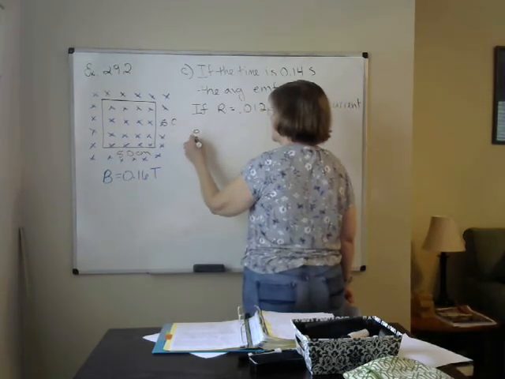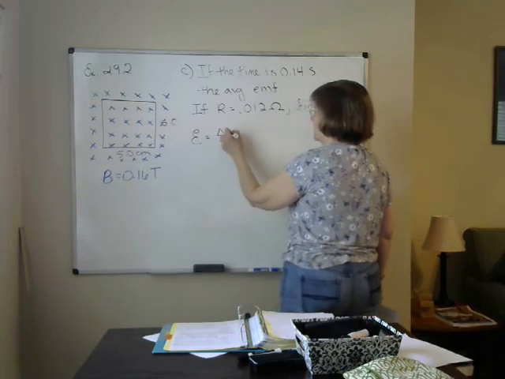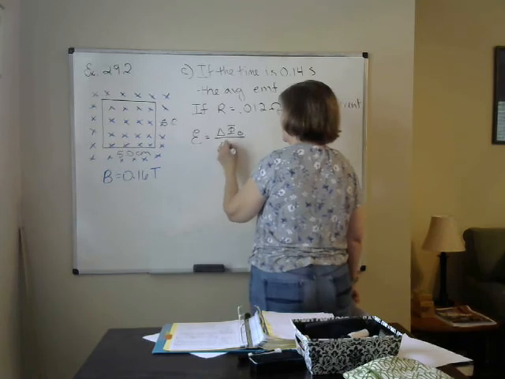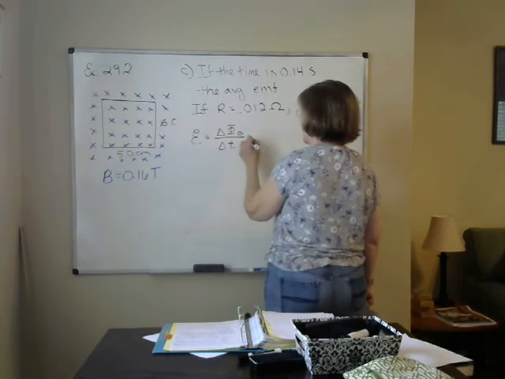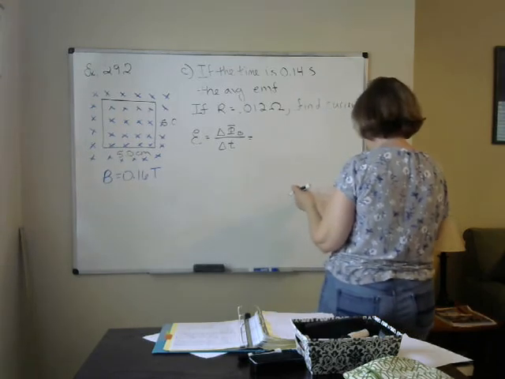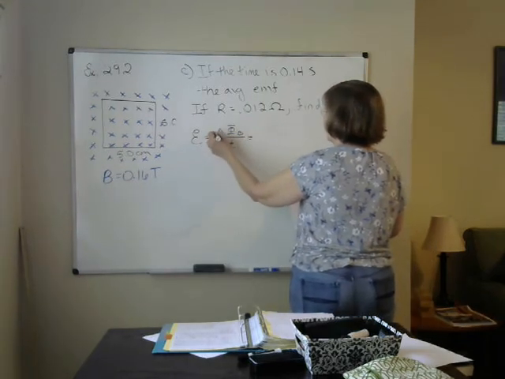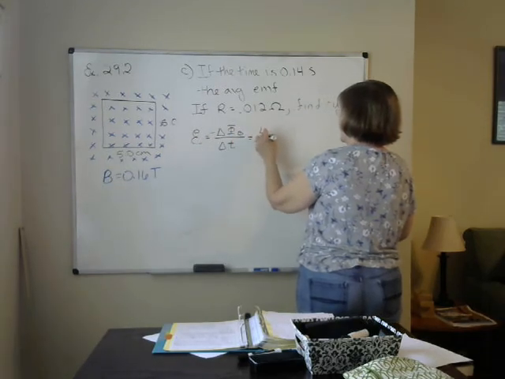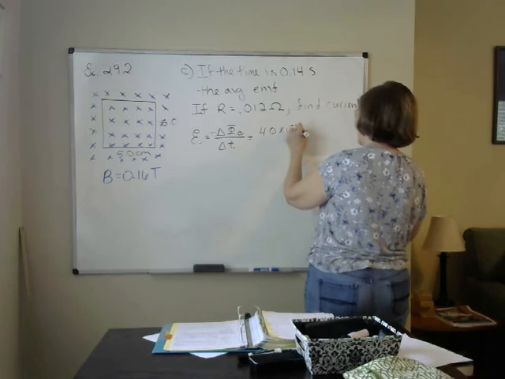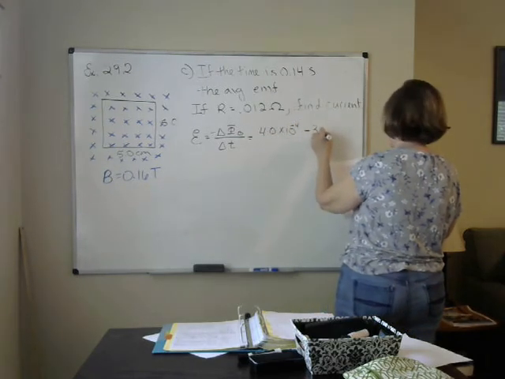So in this case, the average EMF is just going to be the change in flux over the time. Even if we put the negative, we can turn that around. It's going to be 4.0 times 10 to the negative 4. That was the original. Here was the final.